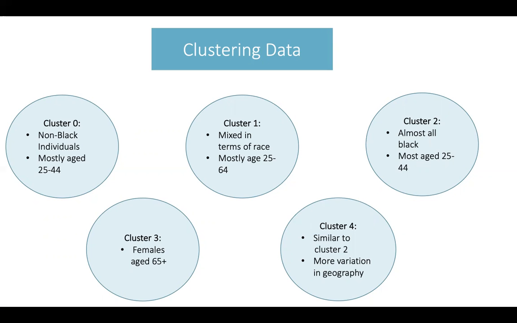Cluster 2 was almost all Black, and most were aged 25 to 44. Interestingly, cluster 3 was comprised only of females aged 65 and up. And cluster 4 was very similar to cluster 2, but there was more variation in terms of the boroughs.